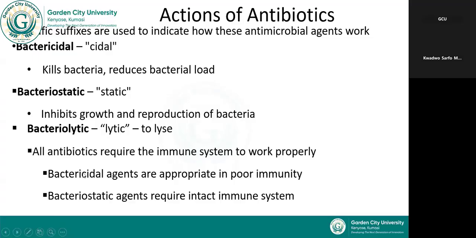Because for those ones, if you don't kill organisms, they can overgrow and outnumber the strength of the immune system. So it's better to kill them so that the numbers become low or reduced. Then the bacteriostatic ones, they inhibit the growth of the organisms. So once the immune system is strong, and you stabilize the microbial load, the immune system can take over and then control them.